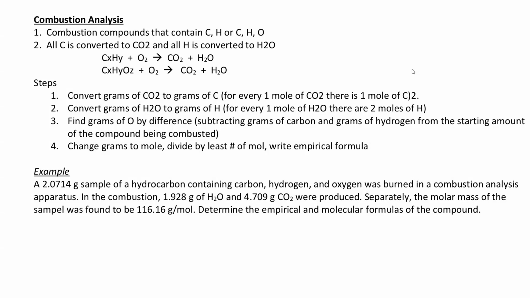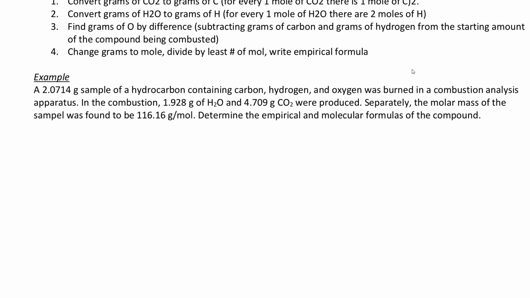This is the longest version of a combustion analysis problem that you might have, which is find the empirical formula when it contains carbon, hydrogen, and oxygen, and then also find the molecular formula. So we've got a 2.0714 gram sample of a hydrocarbon that has carbon, hydrogen, and oxygen.